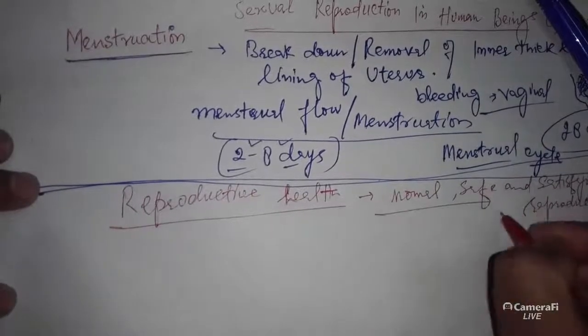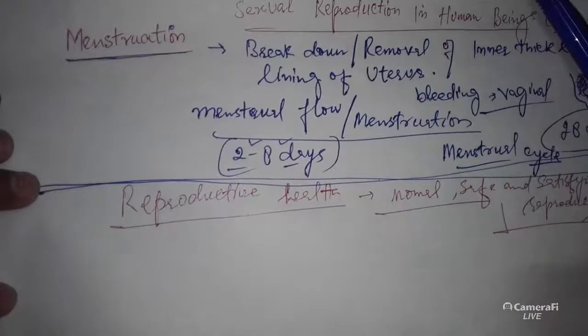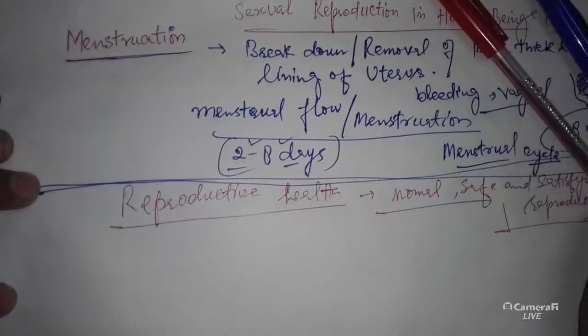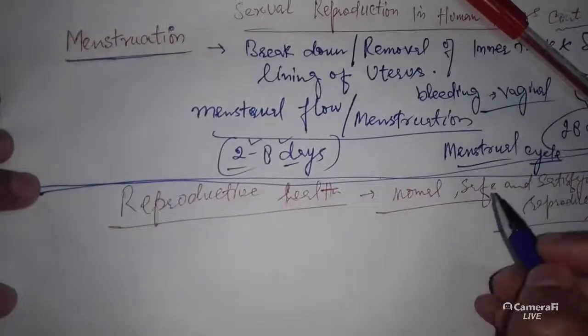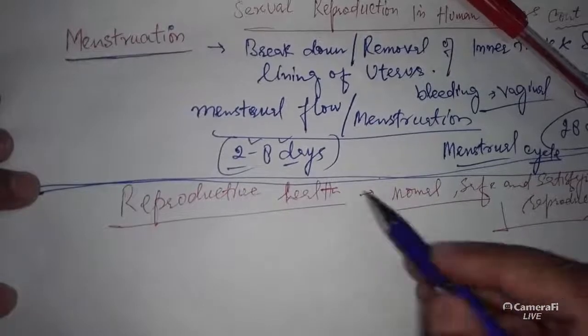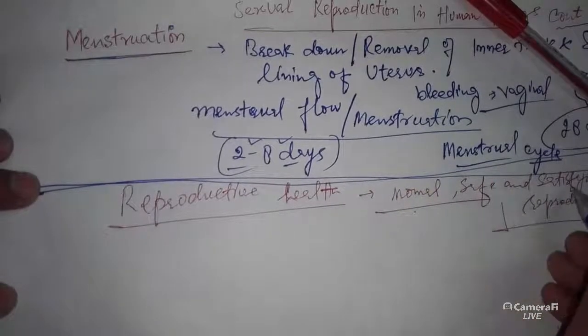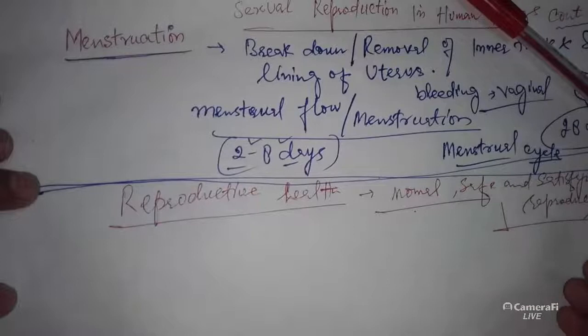Since reproduction is one of the important features of living organisms, we need to maintain this reproductive health as a normal, safe and satisfying reproductive system.